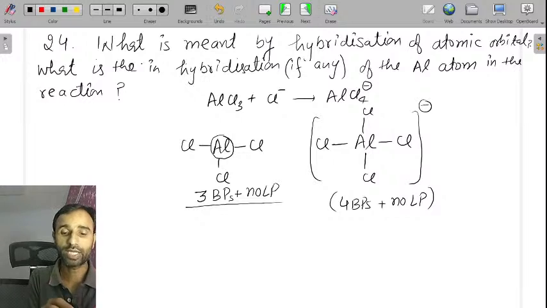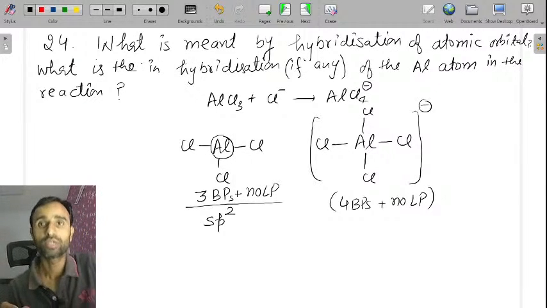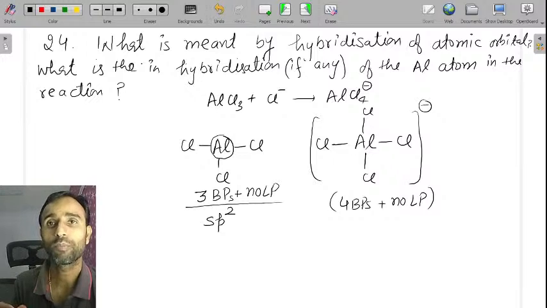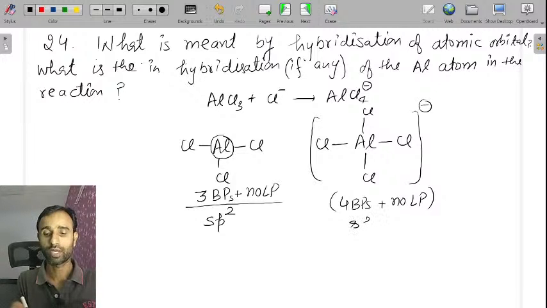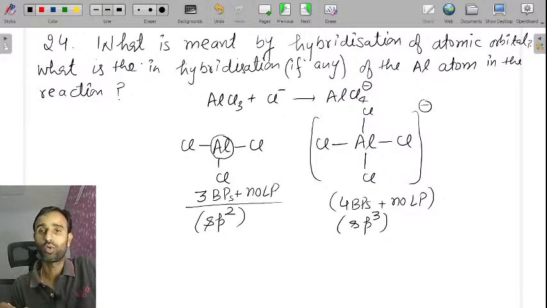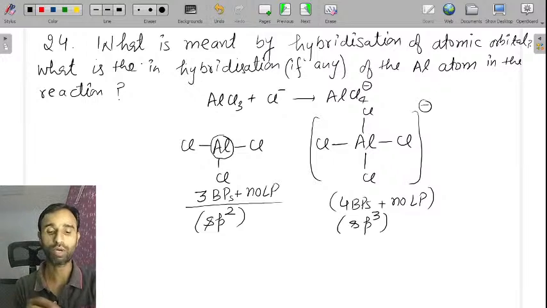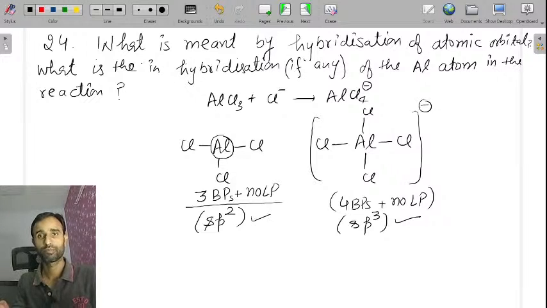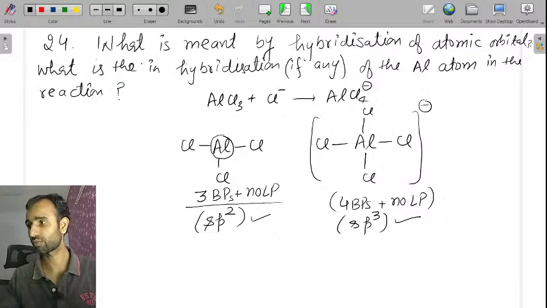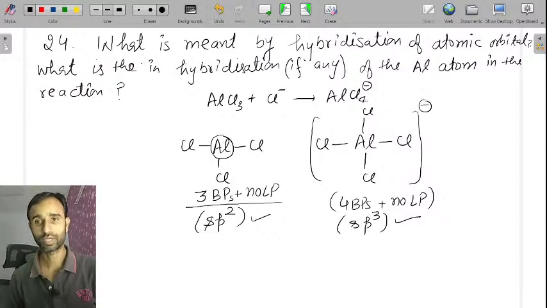So in AlCl3, hybridization of aluminium is sp2, because 3 means 1s and 2p. And in AlCl4 negative, 1s and 3p, so sp3. Here it is sp2. So there is a change in hybridization from sp2 to sp3. Okay, that's it. So this is the answer of the question, right?